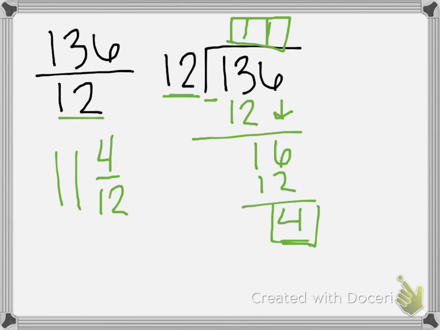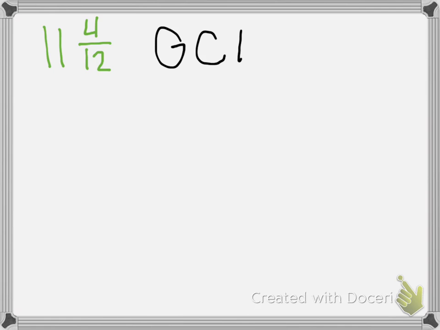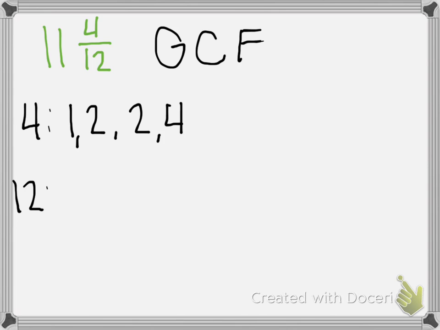Now this fraction we are able to simplify. So let's have 11 and 4/12. To simplify, we need to find the greatest common factor of 4 and 12. So the factors of 4: 1 times 4 equals 4. 2 times 2 equals 4. And I'm done. The factors of 12: 1 times 12 equals 12. 2 times 6 equals 12.